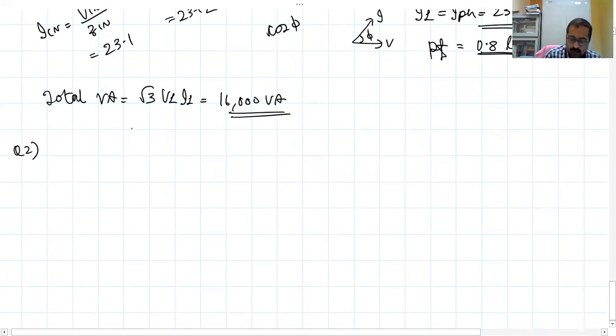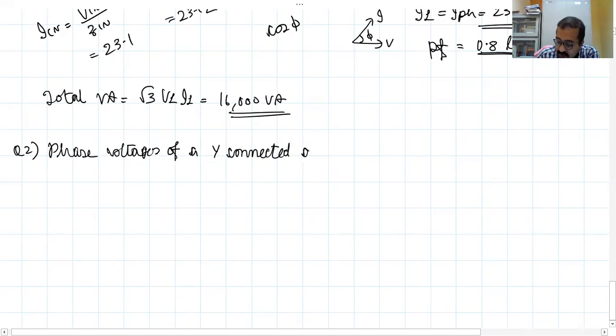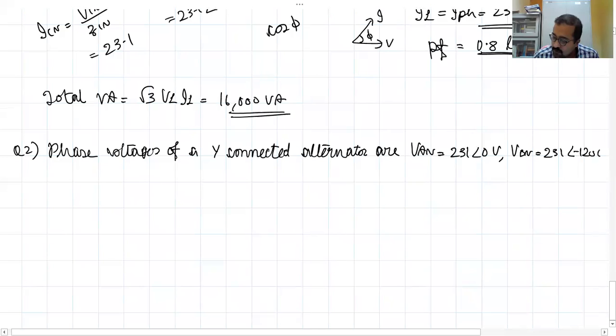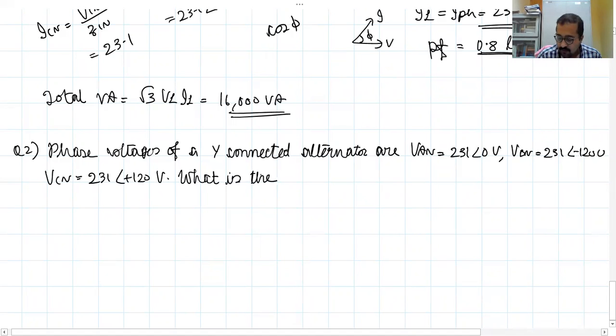Phase voltages of a star connected alternator are VAN equal to 231 angle 0 volt, VBN equals 231 angle minus 120 volt, and VCN equals 231 angle plus 120 volt. What is the phase sequence?